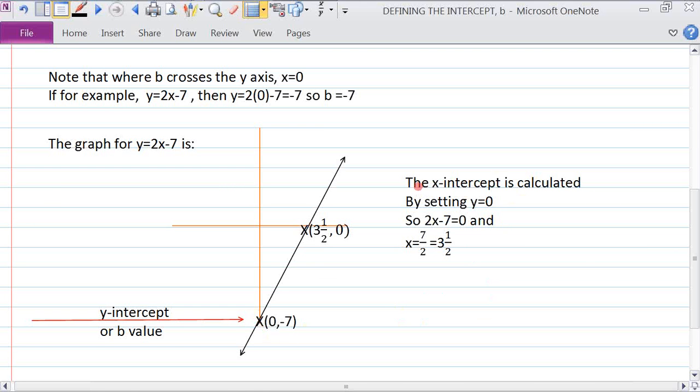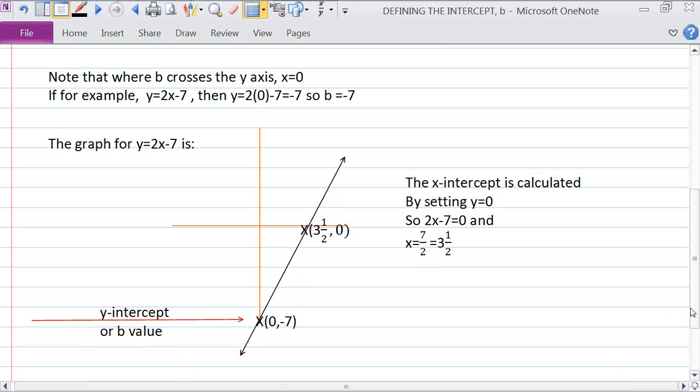If we wanted to calculate another point, we could calculate the x-intercept, where the line crosses the x-axis. At this point along this line, y is 0. So 2x minus 7 equals 0, and x becomes 7 over 2, or 3.5. So now we have the x-intercept and the y-intercept. We can draw the line.